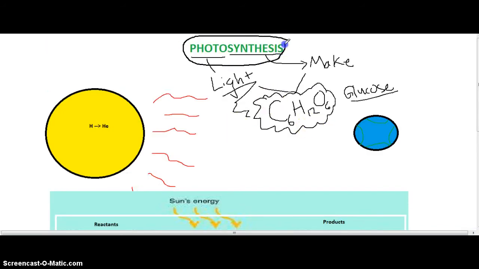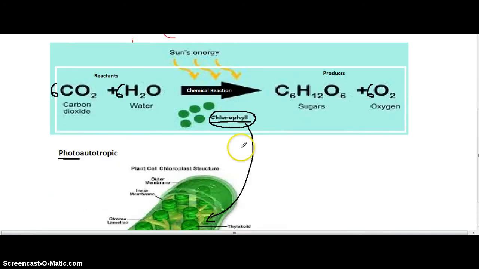Photosynthesis means to make from light. What are you making? You're making glucose from light. Here's the chemical equation for photosynthesis. 6 carbon dioxides plus 6 waters with light energy to help the chemical reaction take place will give you a glucose molecule and 6 oxygens.